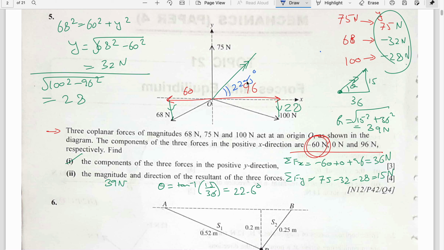Either we say the direction is 22.6 degrees with the positive x-axis, or we mark it on the diagram, or you answer it in bearing form. All three are acceptable. Yes, that's right, 90 minus 22.6, which is 67.4.